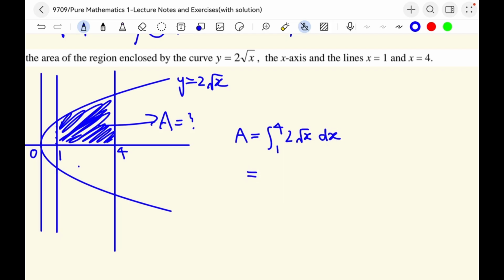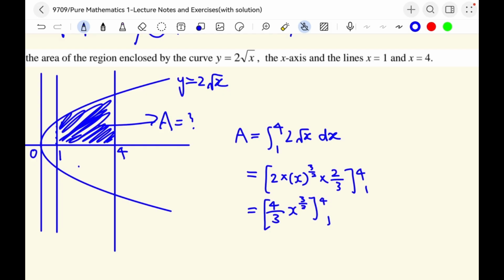How do we integrate the square root function? It's easy, because eventually it's a polynomial function to be integrated. We integrate the integrand into 2 times x to the power of 3 over 2, divided by 3 over 2, which is 2 over 3, from 1 to 4. 2 times 2 is 4 over 3, x to the 3 over 2.